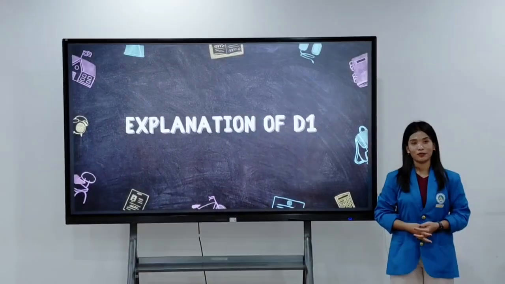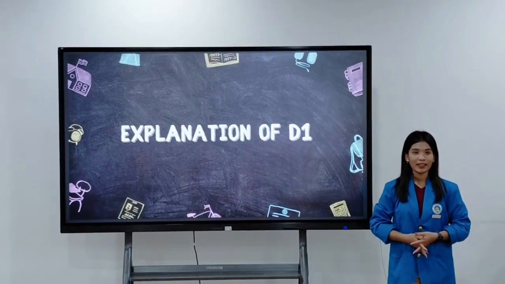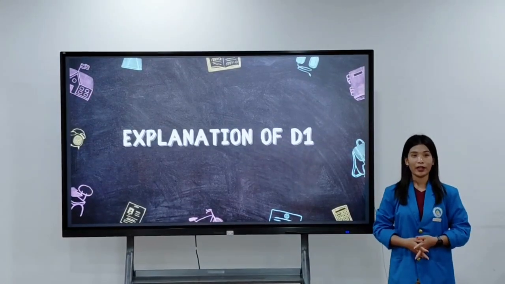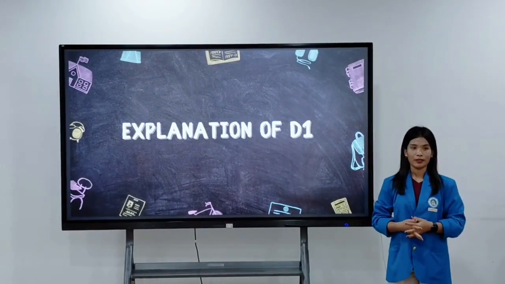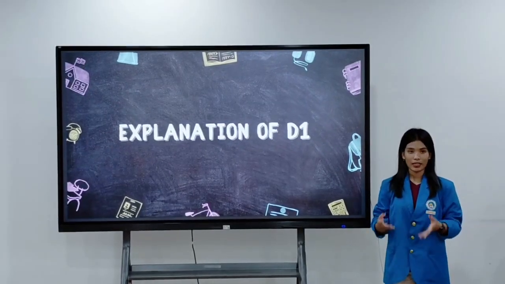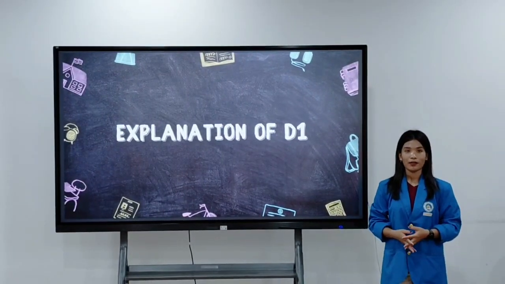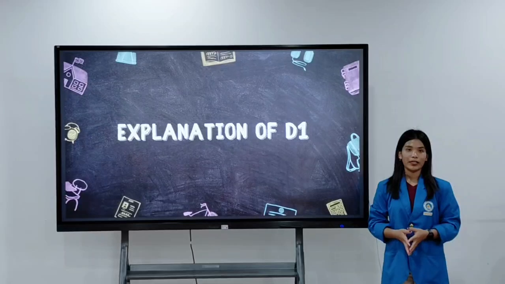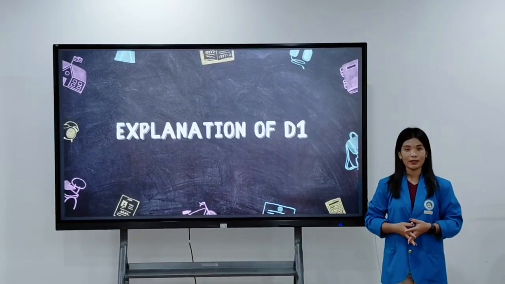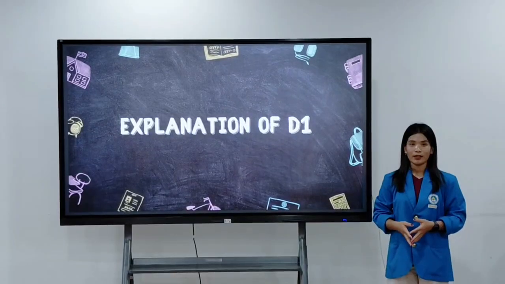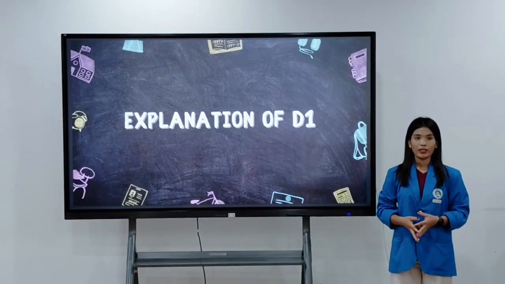Hi everyone, today I am going to explain G1, which covers defining clauses and relative pronouns. Let's start with the section on defining clauses. Put simply, a defining clause is a relative clause that gives essential, must-know information about a noun.